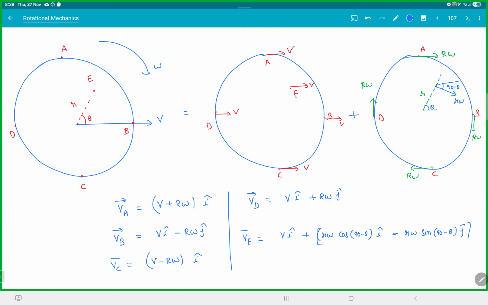So you resolve them into components. So this will be (V plus R omega sin theta) i cap minus R omega cos theta j cap. Is that clear, everyone? So you simply split the motion into translation and rotation, get the translation velocity, get the rotation velocity, and add them up.